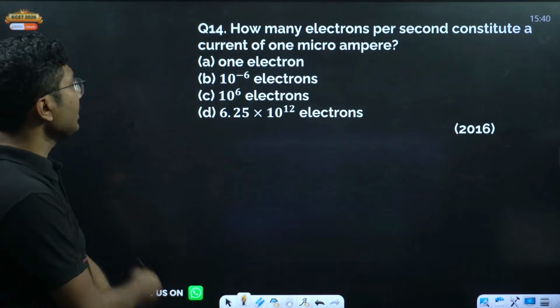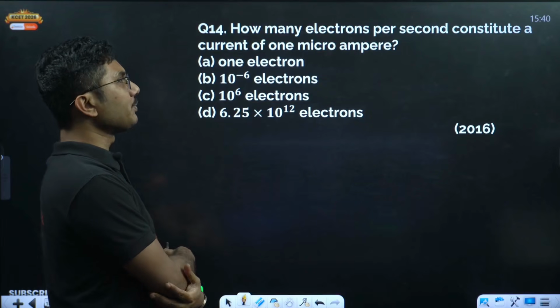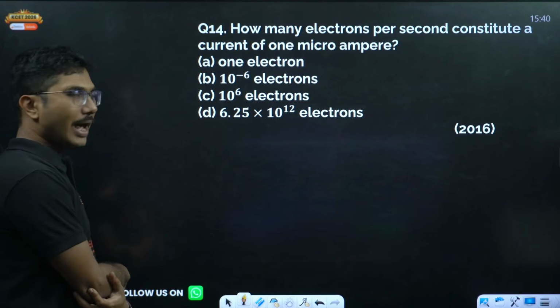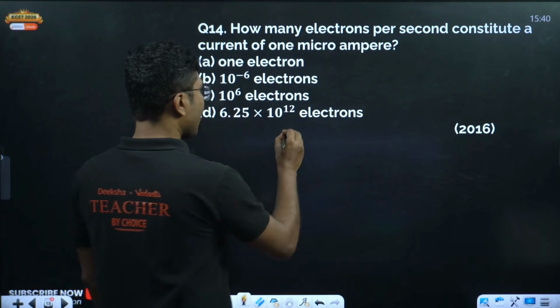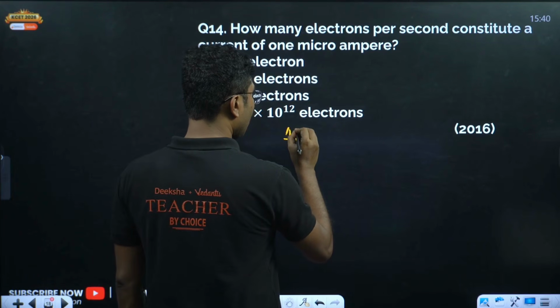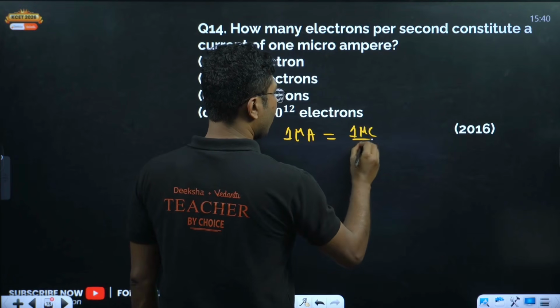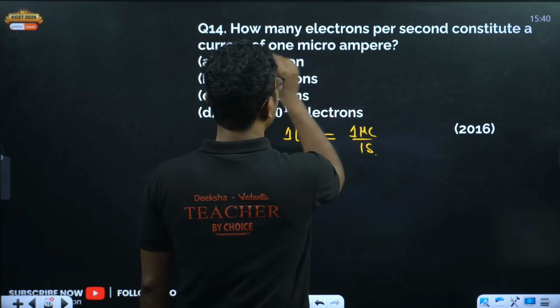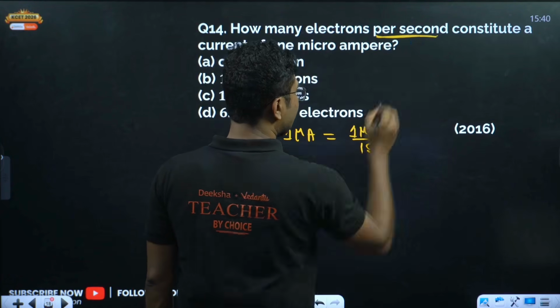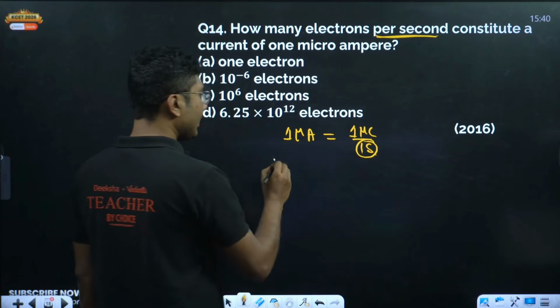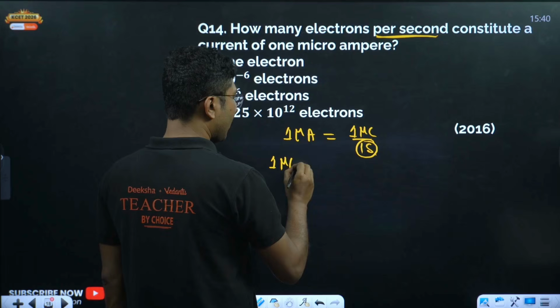Now, next question: how many electrons per second constitute a current of 1 microampere? So 1 microampere means 1 microcoulomb by 1 second, right? Per second means obviously 1 second. So basically we need to find how many electrons are there in 1 microcoulomb.